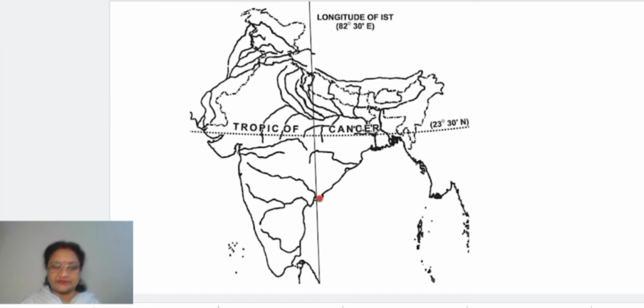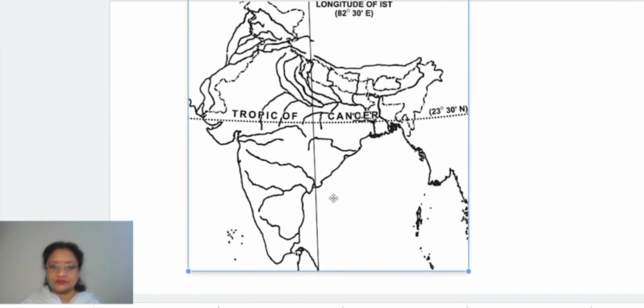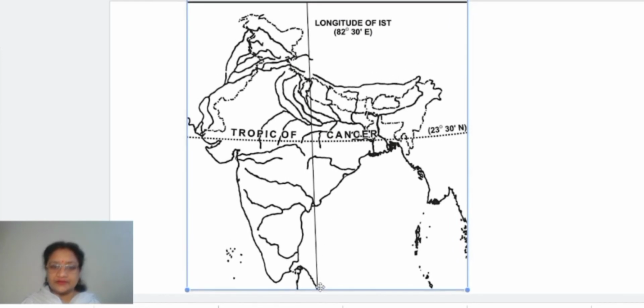So you have got the third point, and one more if you want, you can add, that is the eastern tip of Sri Lanka, right? I'm showing you here. The southern tip of Sri Lanka is there. Got it?